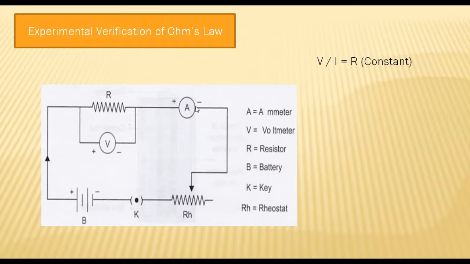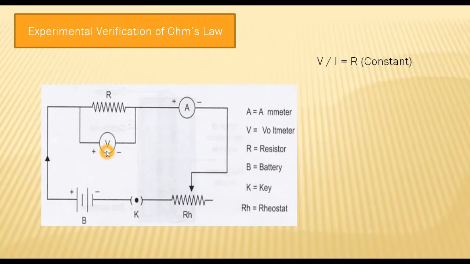Ammeter has low resistance, and that is why it is connected in series, so that a sufficient amount of current can flow. And voltmeter has high resistance, and that is why it is connected in parallel, so that a sufficient amount of current flows.